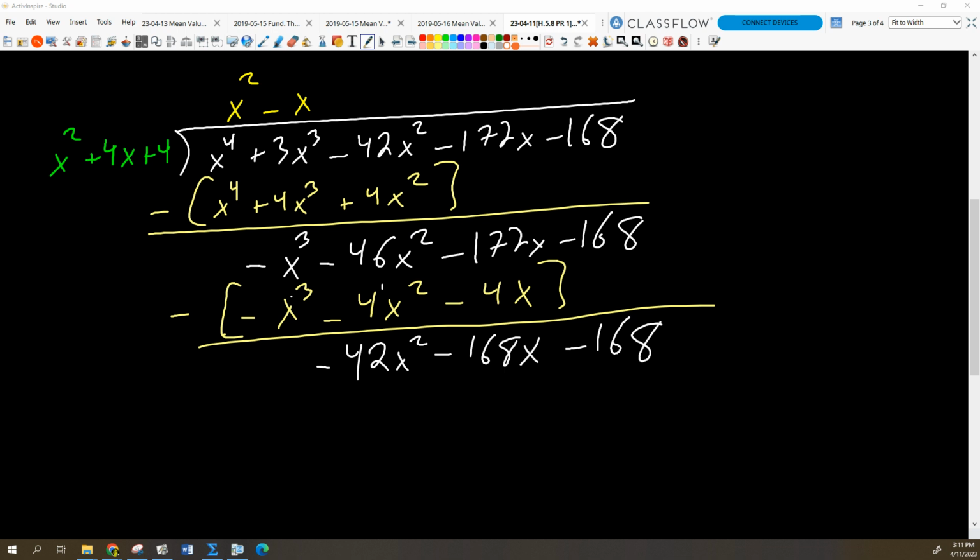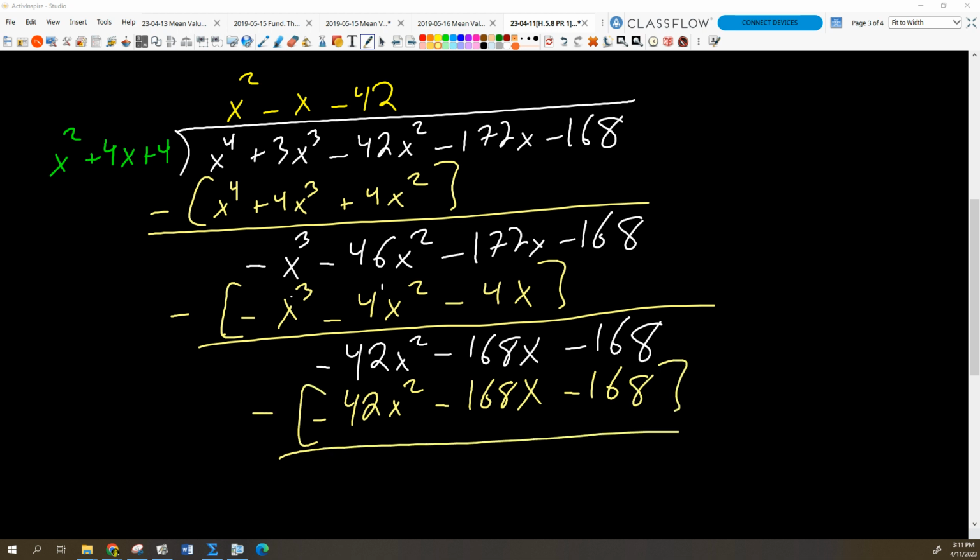Bring this guy down, right? Okay. Last one. X squared times what is negative 42x squared? Okay. Distribute through, I get negative 42x squared. Negative 42 times positive 4x is minus 168x. Negative 42 times positive 4 is negative 168.